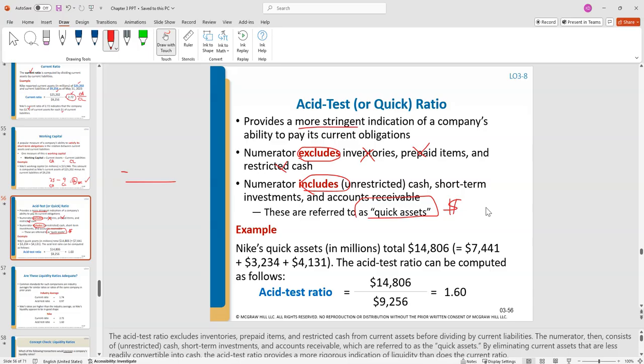So it says here Nike's quick assets in millions are 14,806. Namely, we have our cash, our short-term investments, and our accounts receivable right here, and we take that and divide it by our current liabilities.